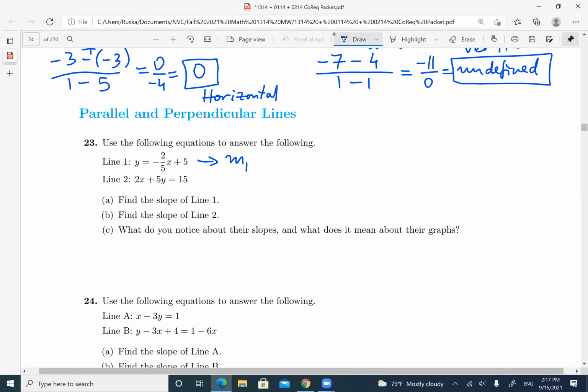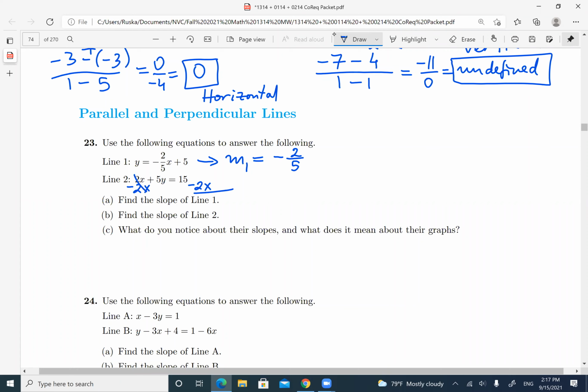I'm going to use M1 equals what? M1 is negative 2/5. Good job. Is the number in front of x? Yes, good job. Now let's find the slope of line 2. In order to find it, I have to get y by itself. So I'm going to subtract 2x. You have to do that first.